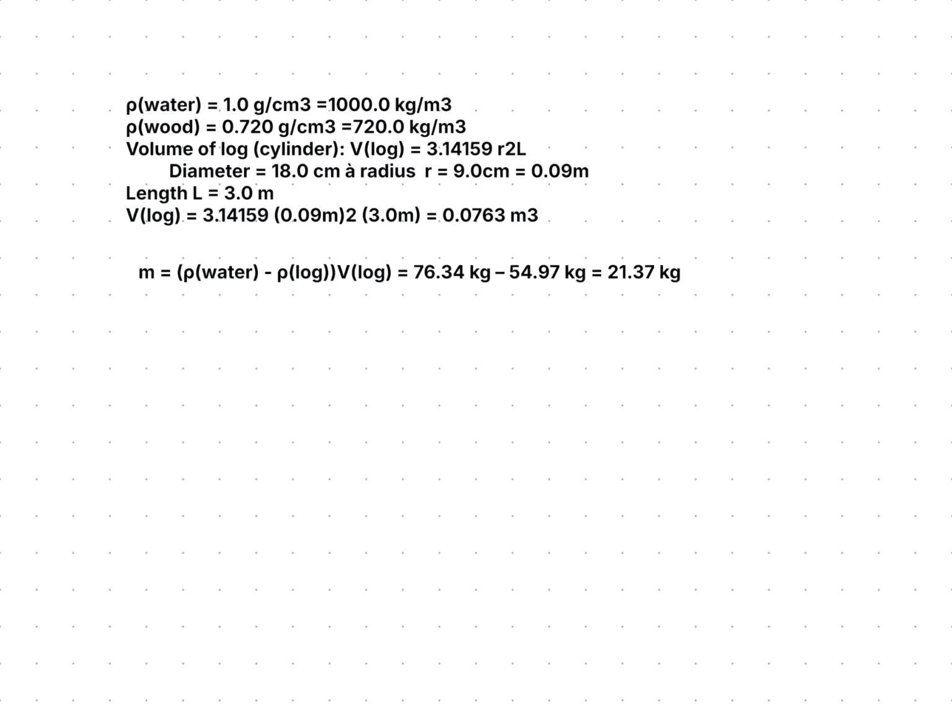And this is 21.37 kilograms. So this means each log can support an additional load of only 21.37 kilograms before becoming completely submerged. Then we can determine the total number of logs needed to float a 2,500 kilogram car.